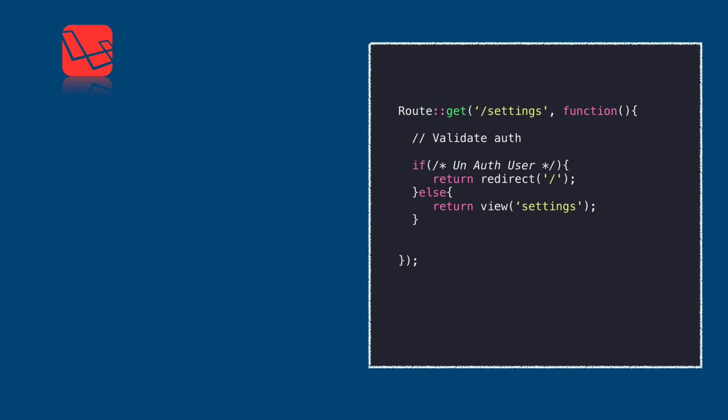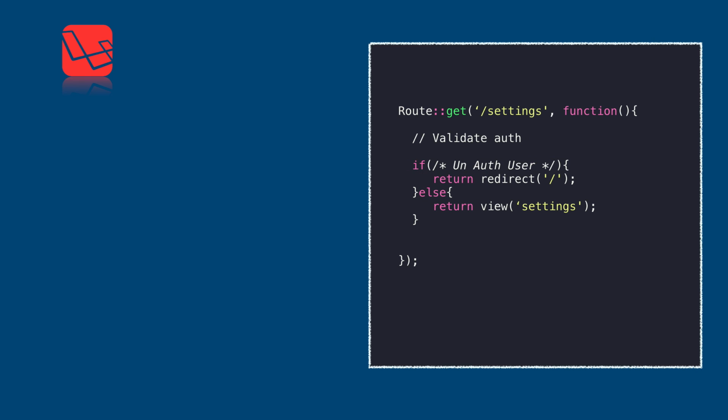So let me show you some place where you will definitely need it. Suppose you have a website which has a profile, settings and something like this, so a logged-in user can see their settings. Those users which are not logged in cannot see settings, because settings correspond to each user. So first we will validate if the user is logged in or not. If the user is not logged in, then move the user to the slash. If the user is logged in, show the settings page.